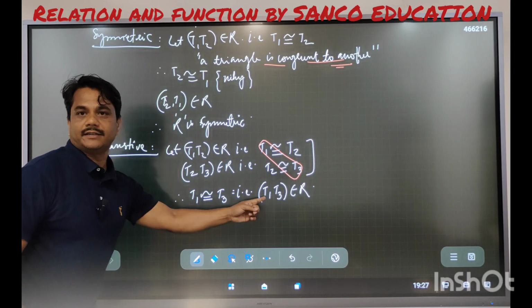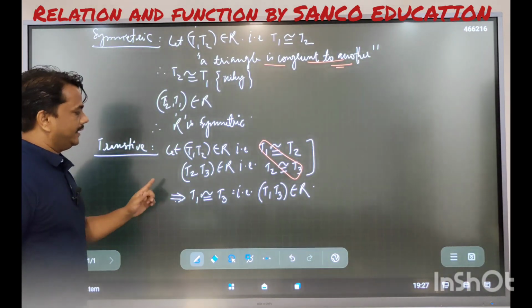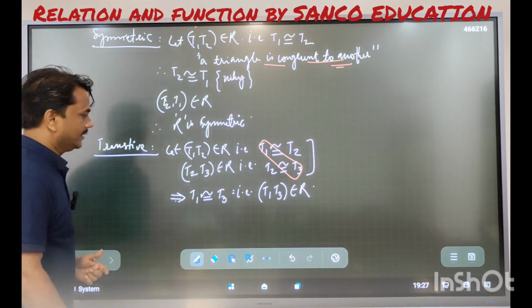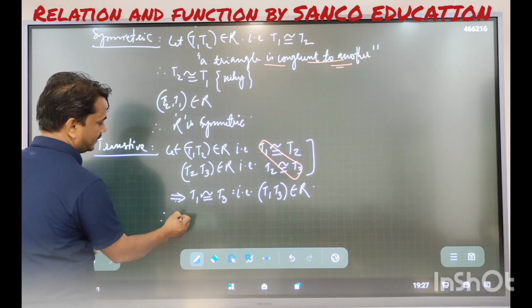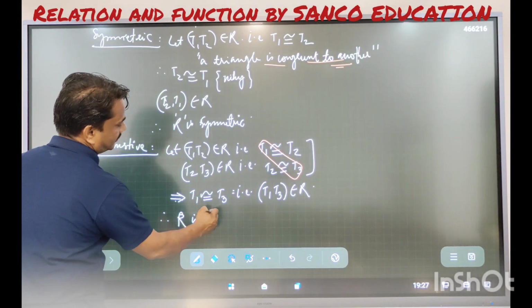Here you will write implies that. Got it? So relation R is transitive.